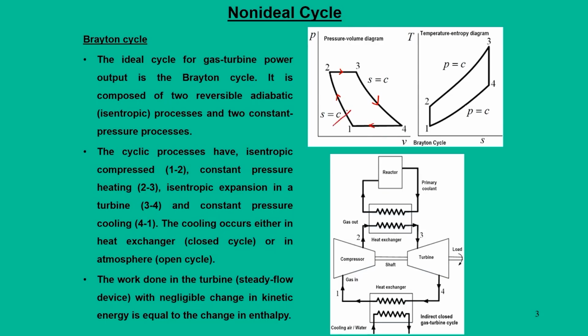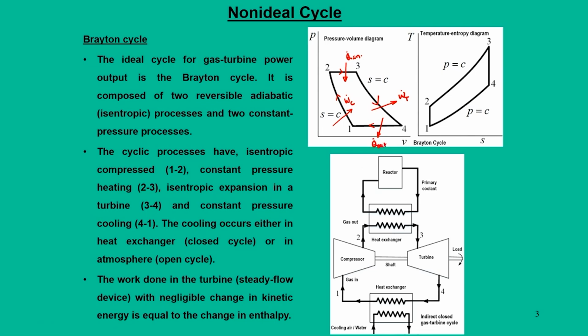Here in the compressor we give work input W_C, and in the turbine we get the work output W_T. Q_in is added in process 2-3, and Q_out is heat rejected in process 4-1.